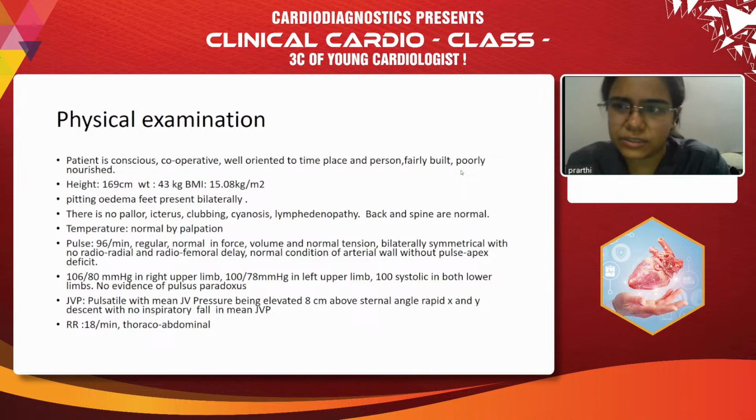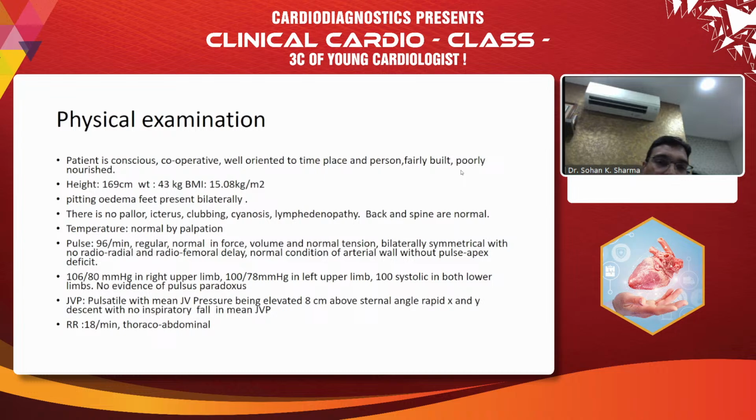Rapid Y descent is due to the increase in intrapericardial pressures, so there will be rapid decline in the end diastolic pressure of RV, causing a dip and plateau pattern wherein there will be filling.